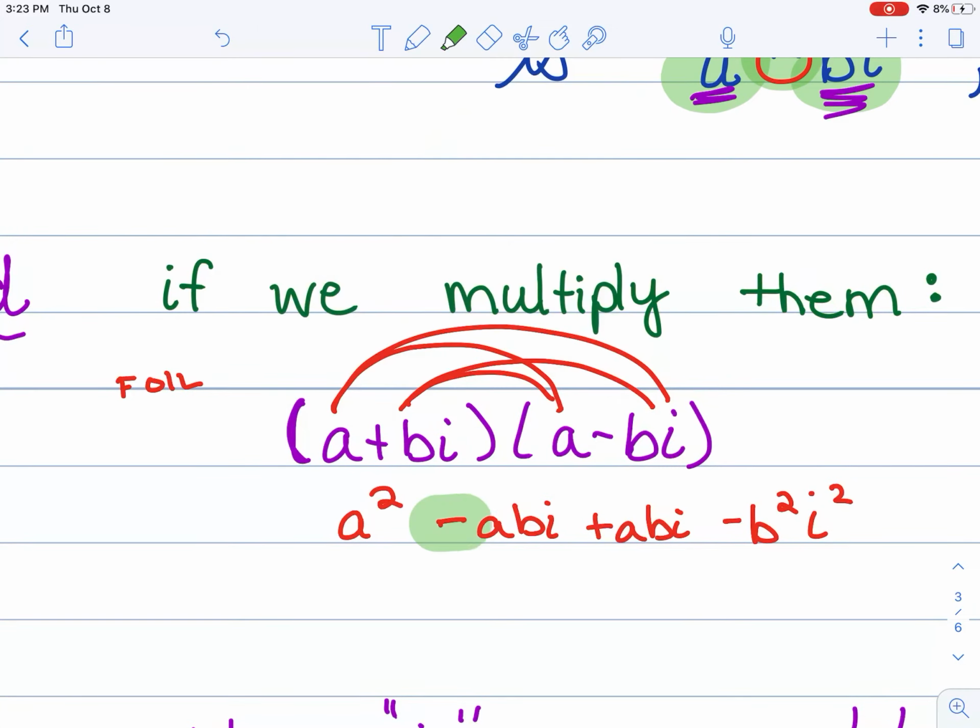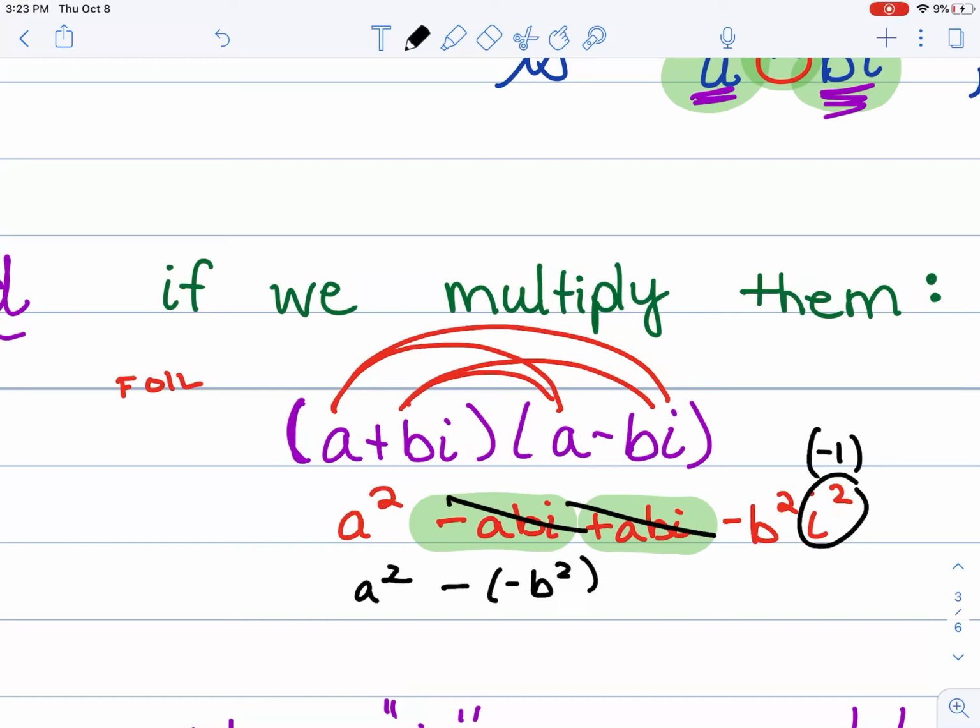If we combine like terms, negative abi and positive abi, those cancel. And this i squared really becomes a negative 1. So a squared minus b squared times negative 1, well, that is really a negative b squared. And then this becomes an addition, so we get a squared plus b squared.